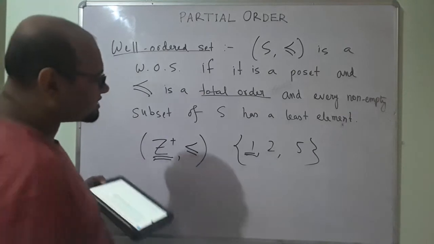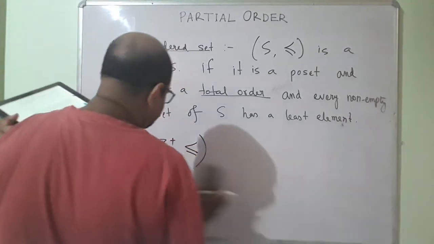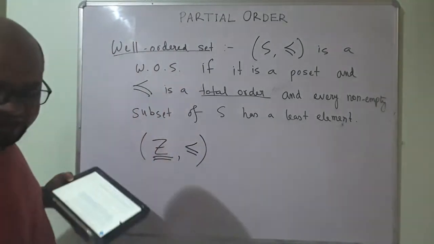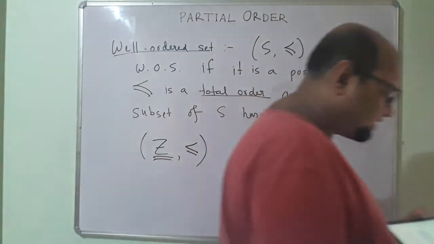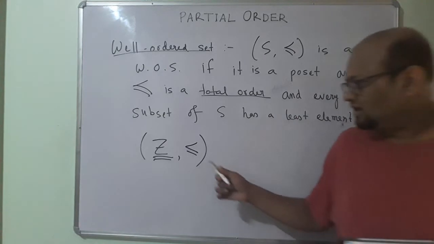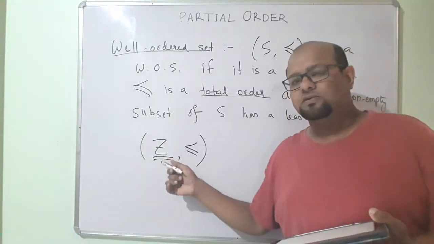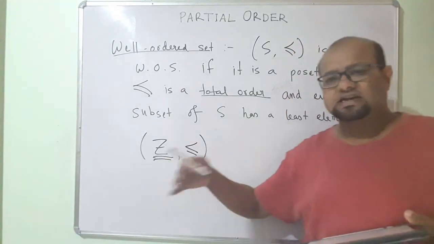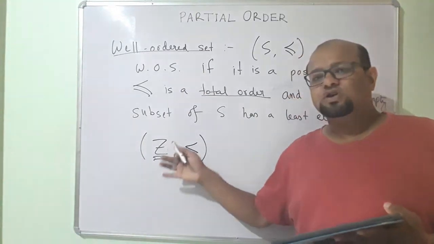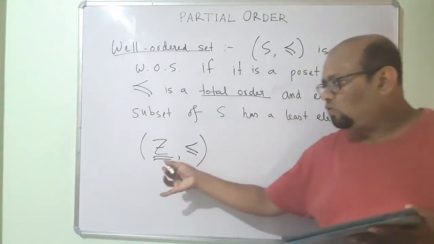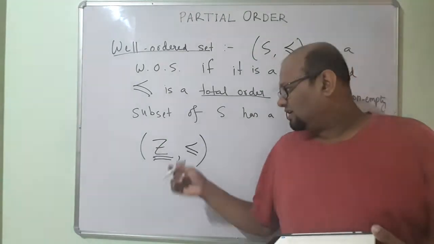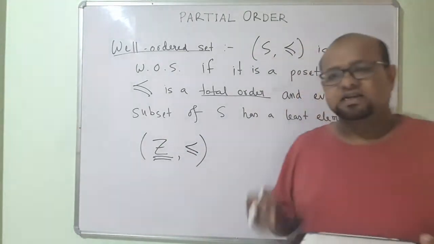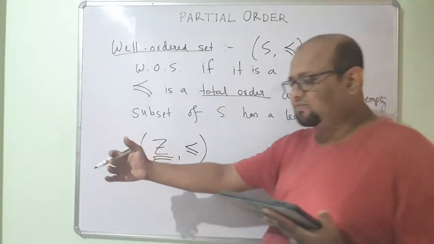Now compare this with the set of integers, not the set of positive integers. If I take the entire set, that would be a subset of itself, so I can take the entire set. Now what is the least element of this set of integers given this relation? There is no least element, right? This is an infinite set.